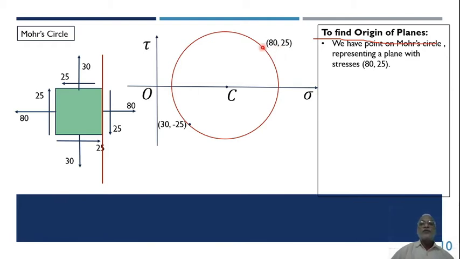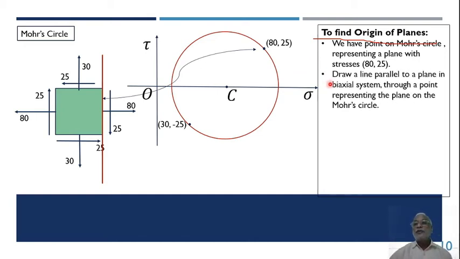Point is already drawn, circle is also drawn for the given biaxial stress system. Now the idea is only to find origin of planes, right? So this face represented by this red line is now represented by the 80-25 point. Now that is the point representing that plane. Now what is to be drawn?